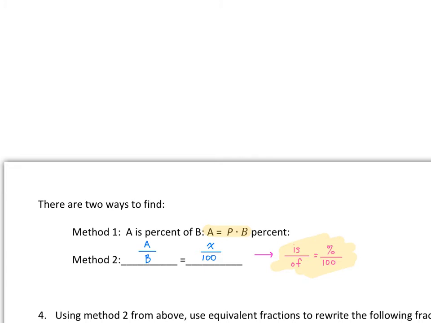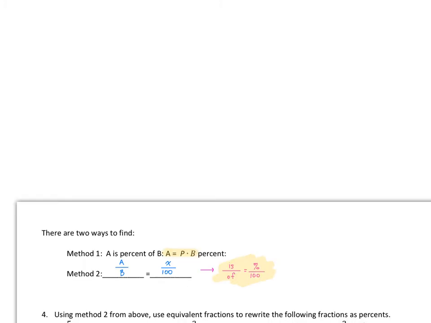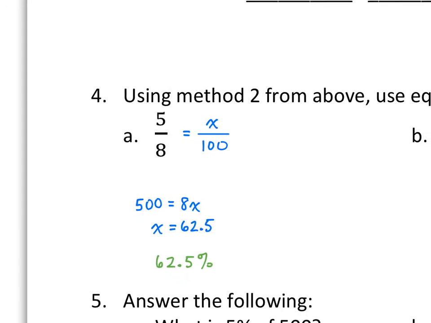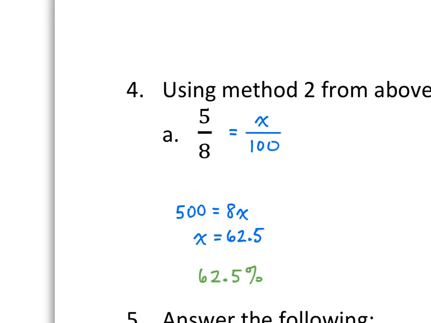So let's look at these first examples in number 4. It says use method 2 from above, use equivalent fractions to rewrite the following fractions as percentages. So in this first example for part 4, zooming in on A, we want to rewrite this as a percentage.